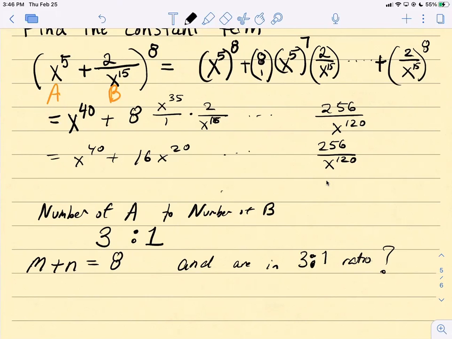And I'll show you, you can also set this up with a system, but I find that if you can think of the two numbers, then you can do it pretty quick. What two numbers add up to 8, but are in a 3-to-1 ratio?